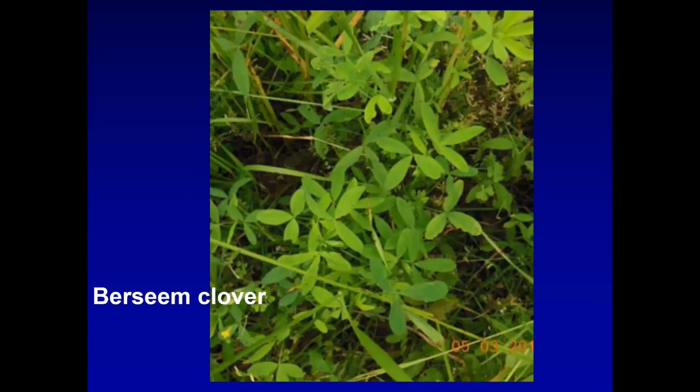And this is not a very good picture, but this is the berseem clover, and we have already talked about the heavier soil it will be suitable for. If you have that kind of soil, maybe in the Black Belt area, you may want to consider this clover instead of crimson or arrowleaf clover for annual leguminous forages.